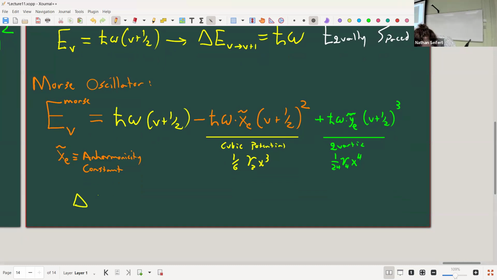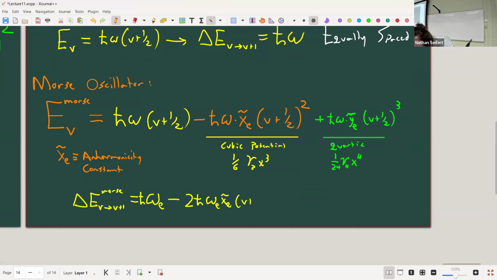But if you look at delta E from V to V plus 1 for the Morse oscillator, you find out that this is equal to ħω_e minus 2ħω_e x_e (V plus 1).